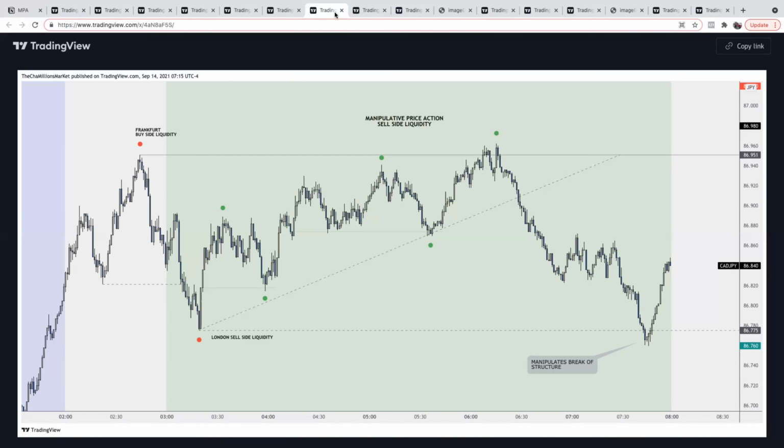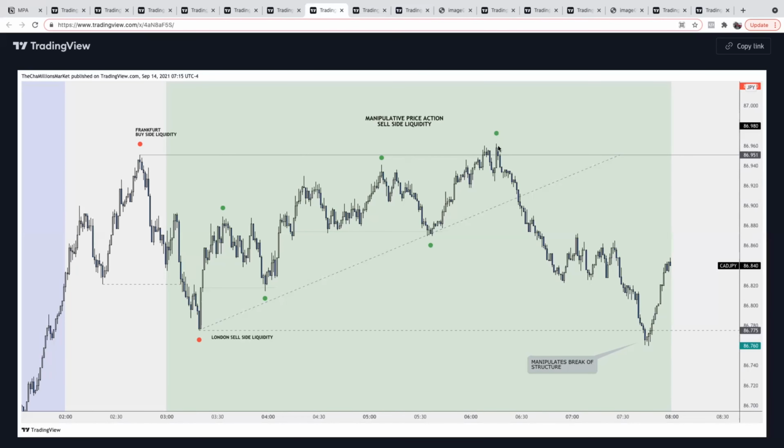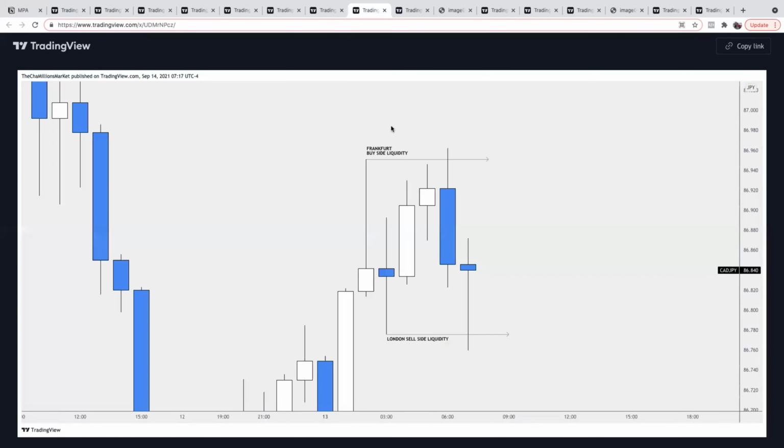The M1 is what you see on the H1 here. All the candle closures. Frankfurt buy side liquidity, which was here, you see the H1 candle closure. And London sell side liquidity, we see that we get the H1 candle closure here, where it runs that liquidity in that candle closure.